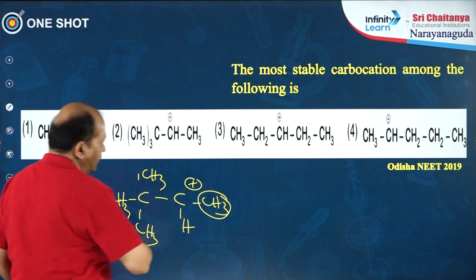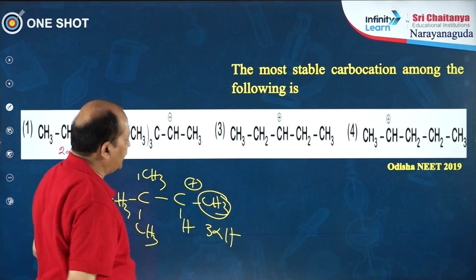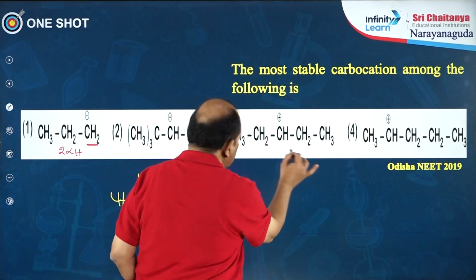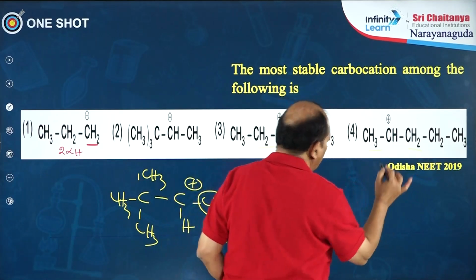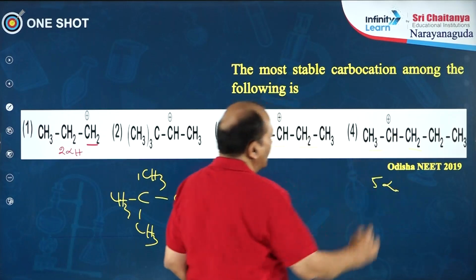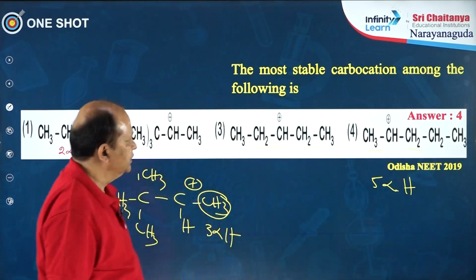There are only 3 alpha hydrogens in this carbocation, and here we can see the 4 alpha hydrogens and here 5 alpha hydrogens. So, therefore, option 4 is correct.